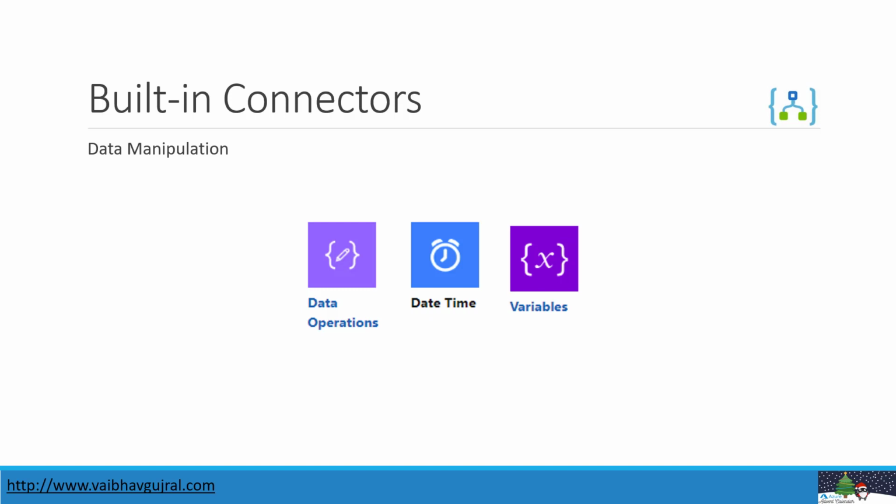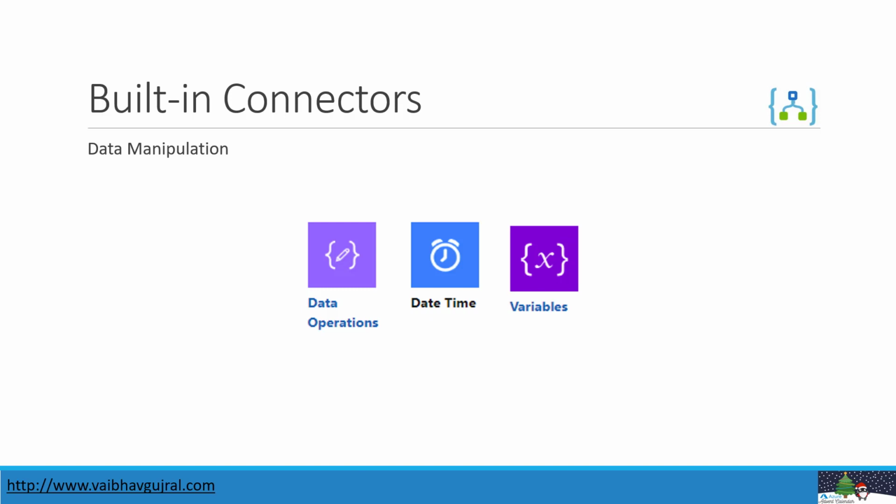Logic Apps provides built-in actions for working with data outputs and their formats. For example, data operations to perform operations with data, like compose, creating CSV and HTML table files, parsing JSON, and so on.